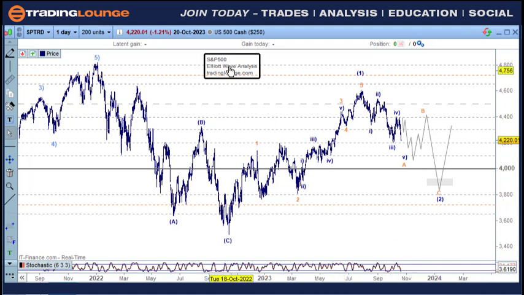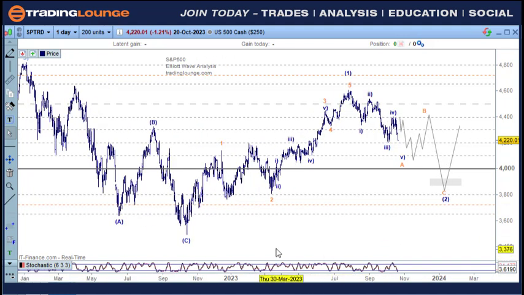This is the S&P, and this would be looking at this down here as an ABC, the corrective pattern, and then 1 and 2, and then 3, 4, 5 for 1 here, and then looking down for the A wave, the B wave, and the C wave here. That doesn't need to be that big actually, it can just come into here and then have this, because the stocks are telling me that we need to be looking for a move to the upside.